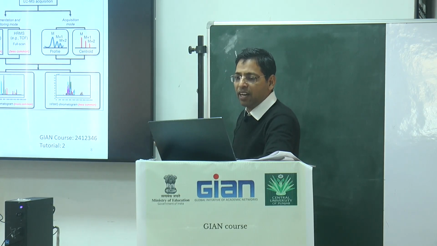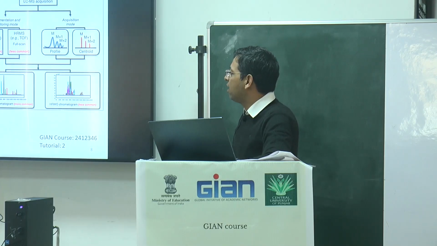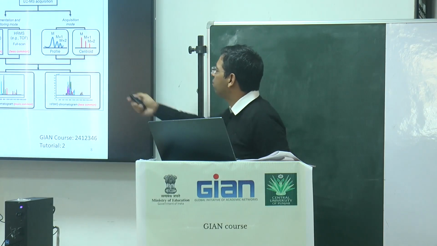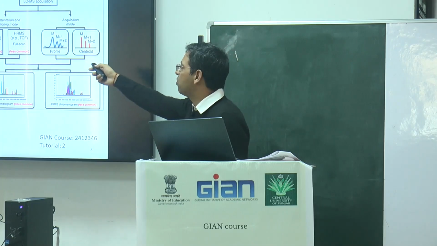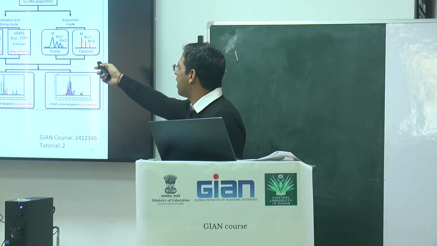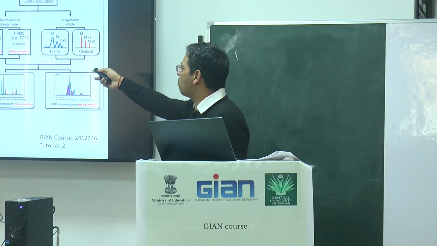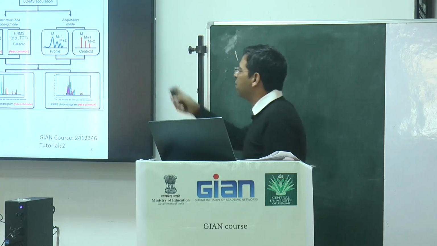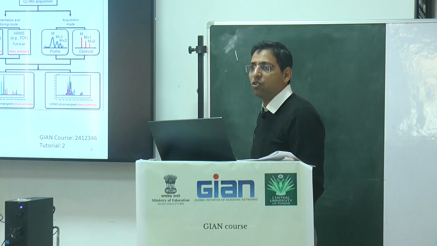Modern data can be handled in profile mode files, making centroid mode less necessary and profile mode preferred for targeted metabolomics. So try to understand these are the different types of mass spectrometry which are used, LRMS and HRMS, the less common and the most common. These are the different SRM values you are getting.